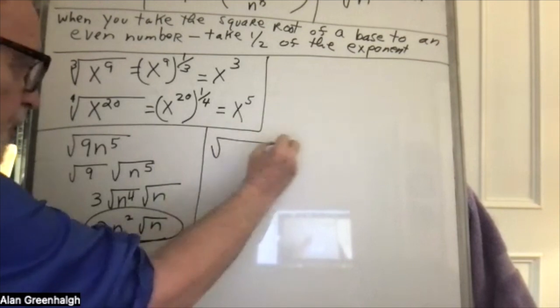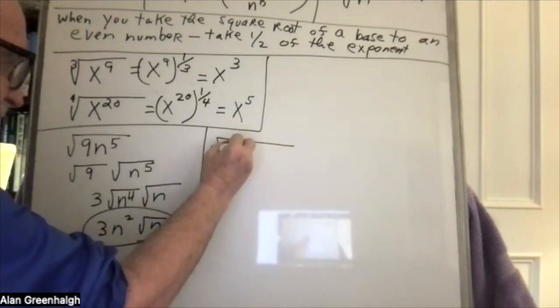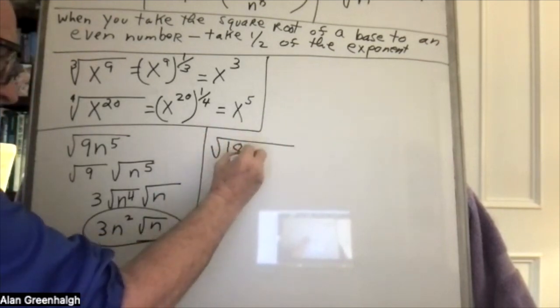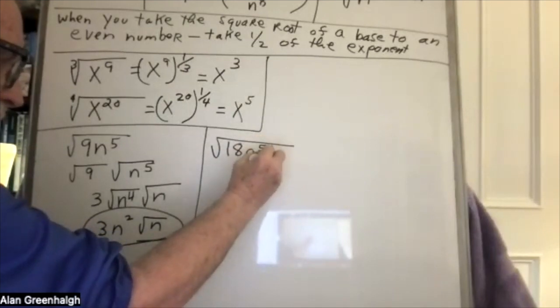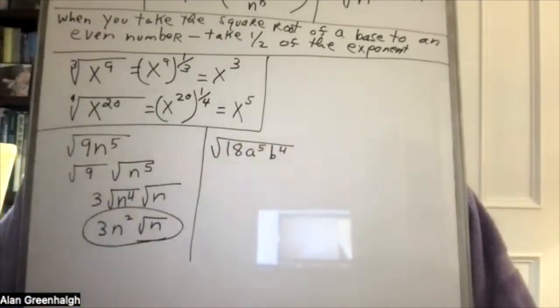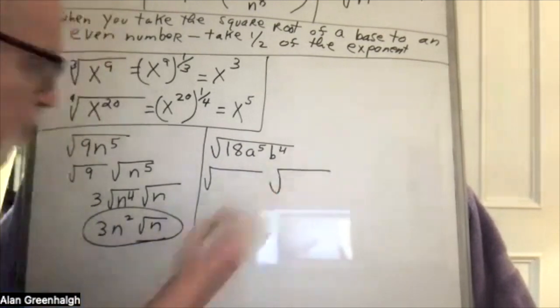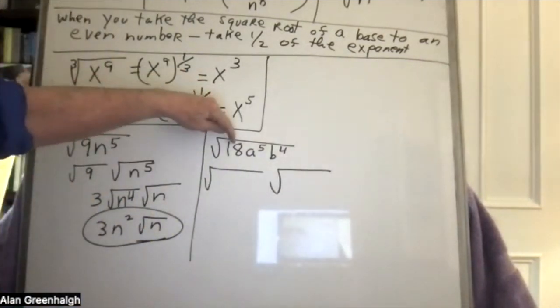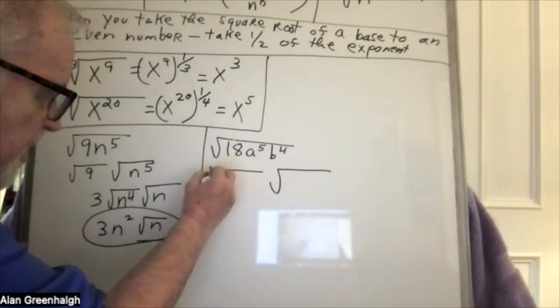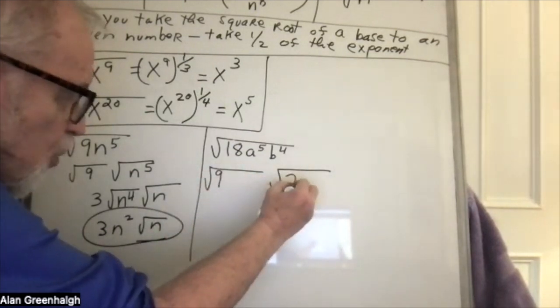The square root of 18a to the 5th b to the 4th. Remember what we've been doing especially when we were doing imaginary numbers? It's going to be separated into 2 parts. 18 would be 9 and 2.